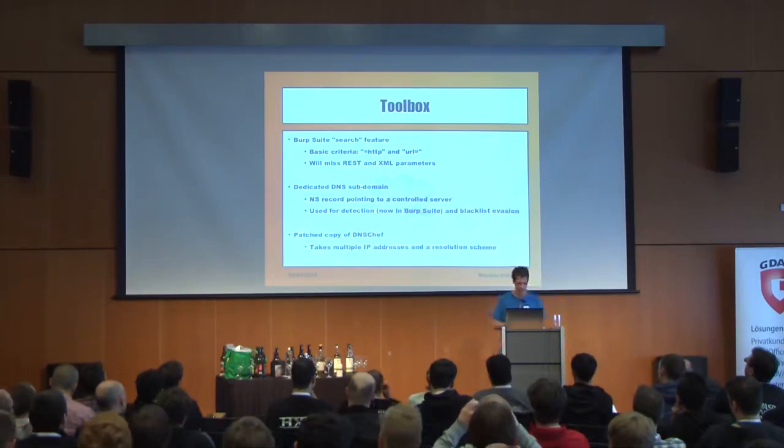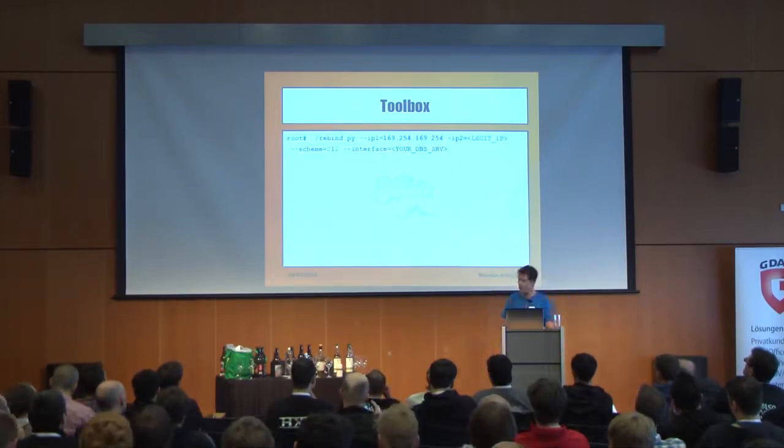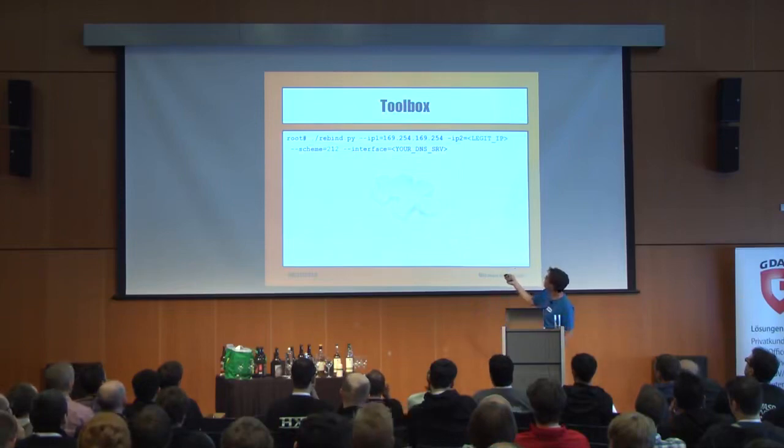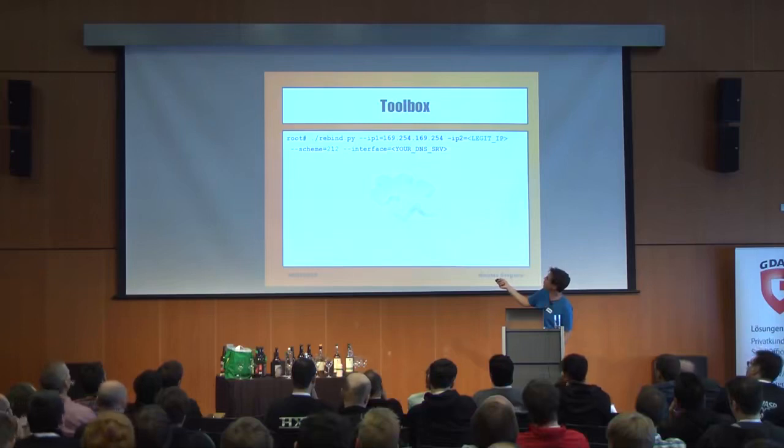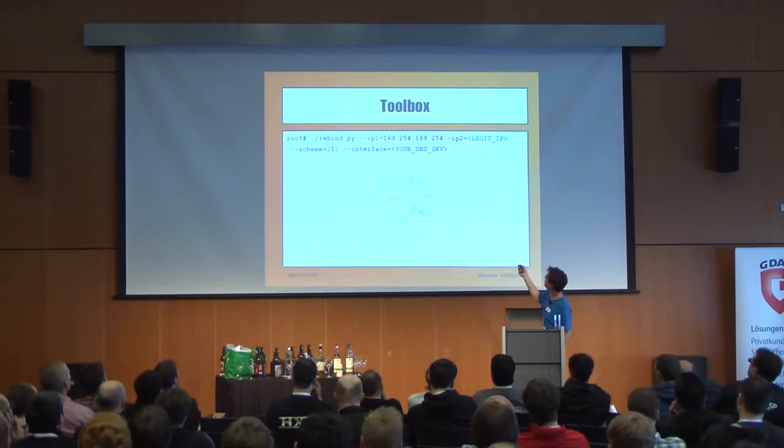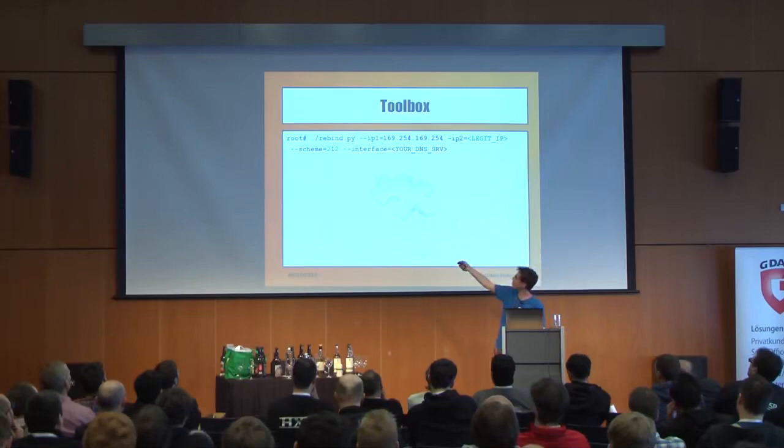A patched copy of DNS Chef, and this is my own copy. So this is for bypassing blacklists. I give a scheme, which is 2-1-2. So it will answer the first request with the legitimate IP, then the internal one, and then the legitimate IP. So the use case is this is your backend server resolving the name, this is your proxy server resolving the name, and this is your logging server resolving the name.